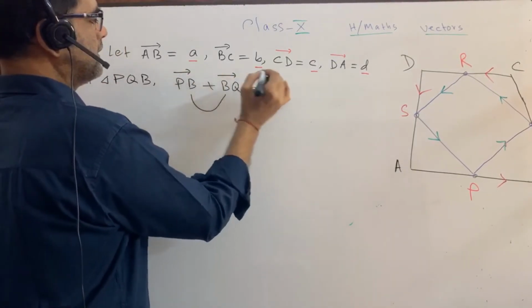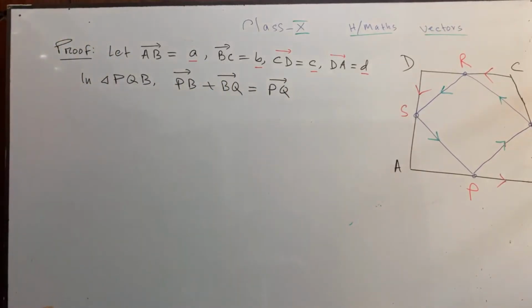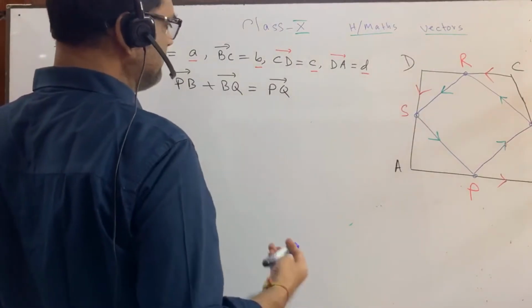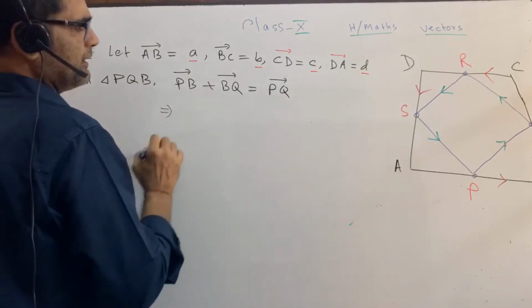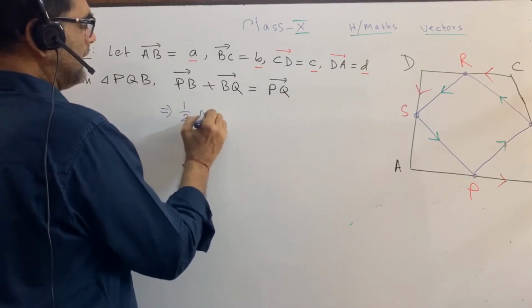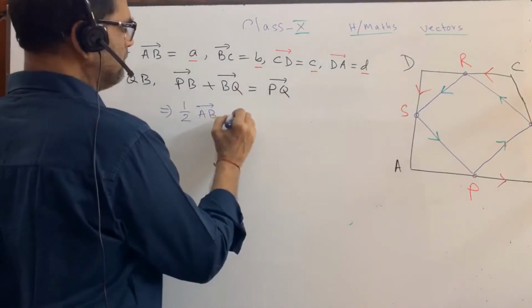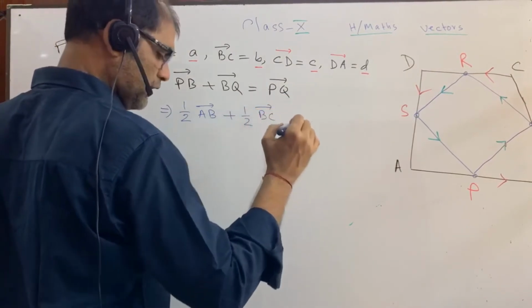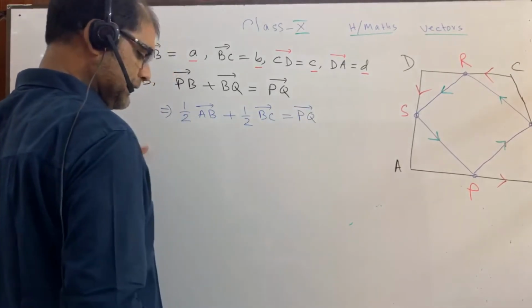Now what is PB? PB is equal to half of AB. Now BQ equals what? BQ can be written as half of BC, which is equal to PQ, right? I think you have got me.